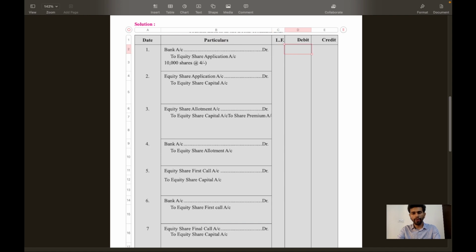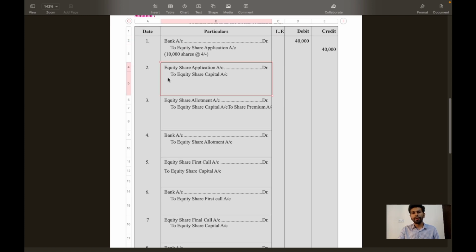The amount will be 40,000 rupees. The entry will be bank account debit to equity share application account. Application money received in the bank. So bank is the receiver, bank account debit. The amount will be 40,000 rupees, on 10,000 equity shares of 4 rupees each.